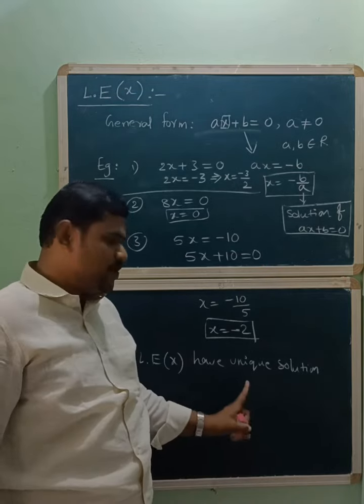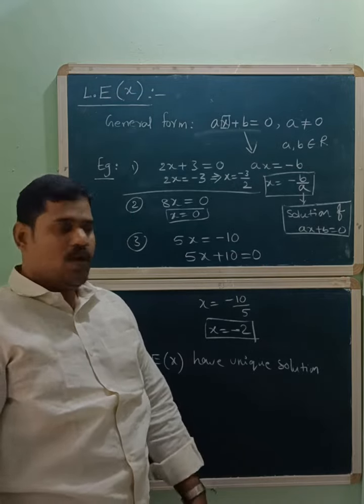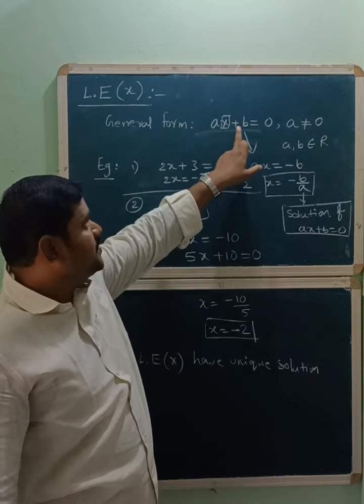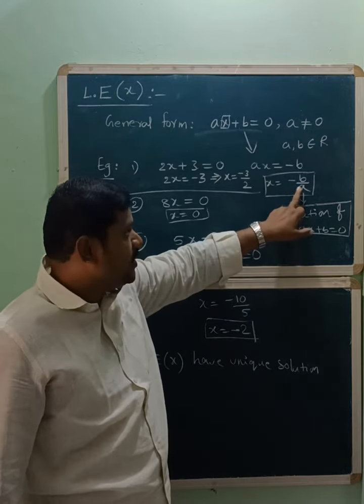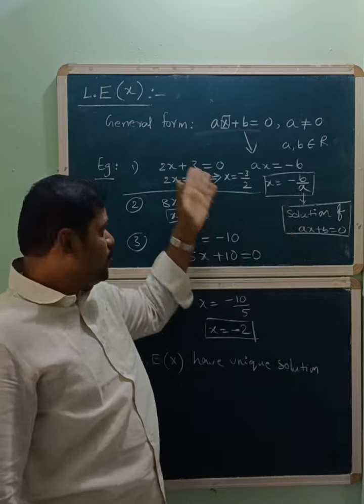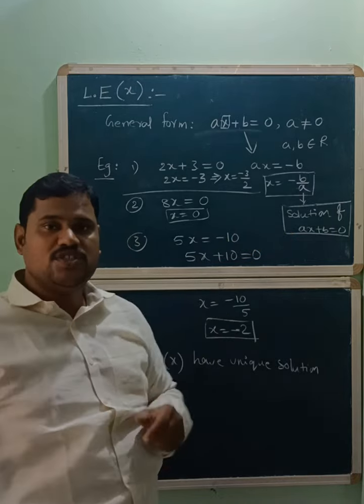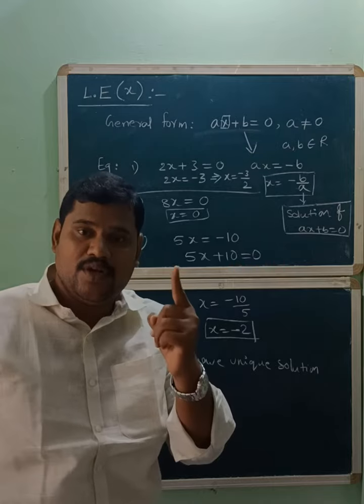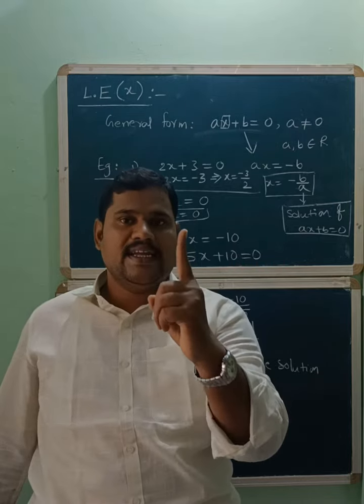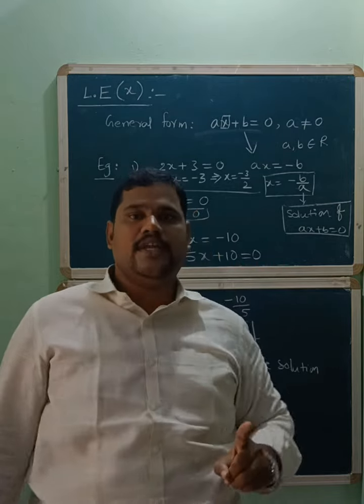I hope all understood this one. Suppose you take ax plus b is equal to 0. What is the solution? Minus b by a. Then we can get the solution. How many solutions do we get for a linear equation in one variable? Only one solution. That is called a unique solution.